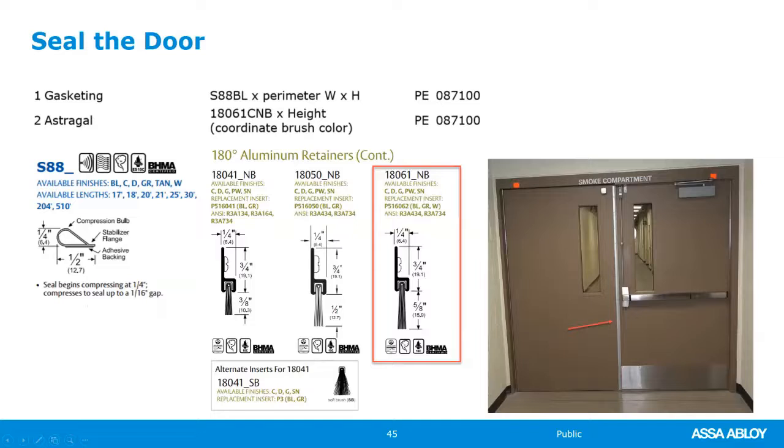So the brush, the 18061 by Pemco, coordinating the brush color with the door, coordinating that with the architect, whatever their choice would be. But the S88 around the perimeter and then the astragal seal, you can seal both sides of a double egress pair or just one side. The astragal is not going to inhibit the free use of either leaf.